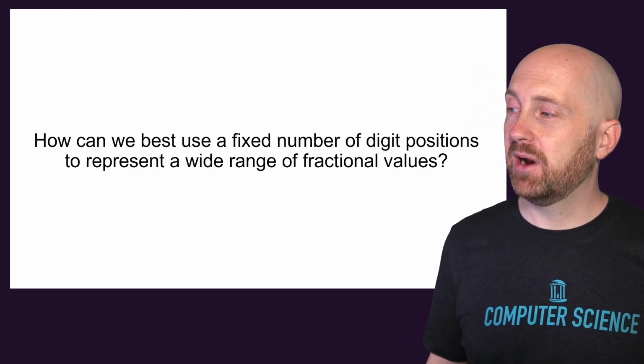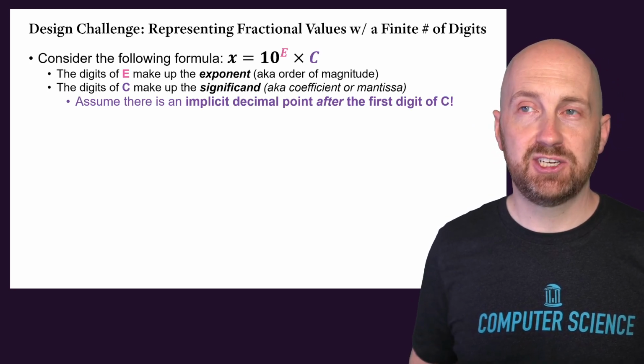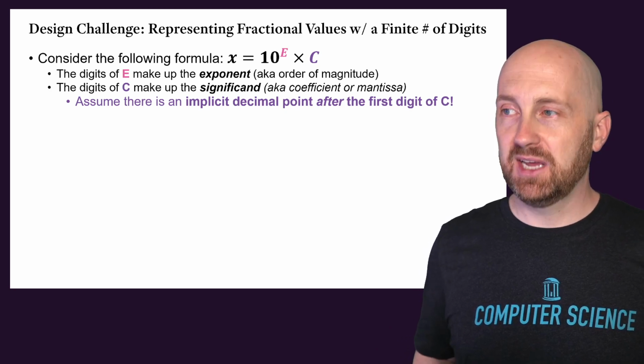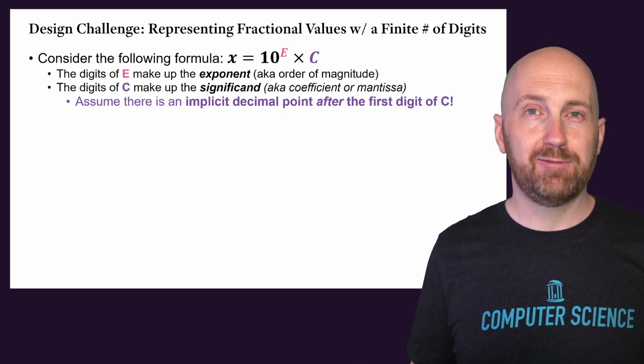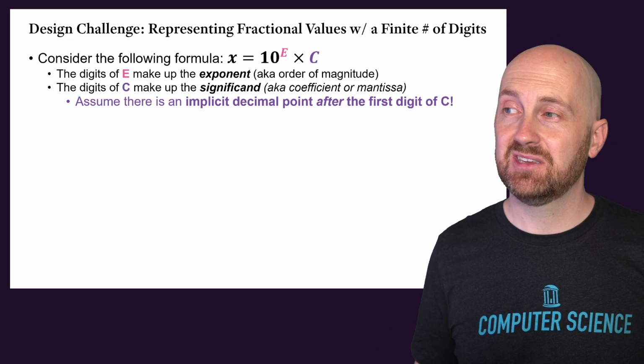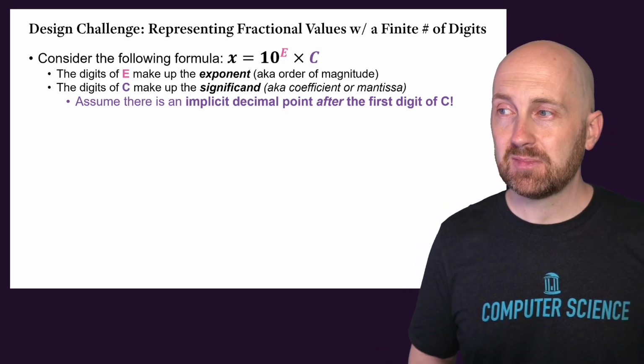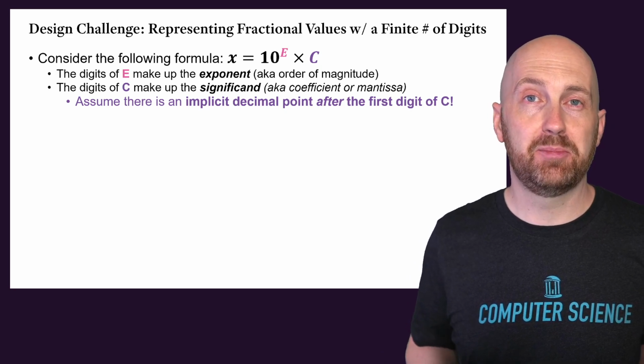So I want to pose this problem to you as an actual design challenge. How would you represent a fractional value with a finite number of base 10 digits? The formula that's going to drive this design discussion is this: imagine we're trying to represent some number x.